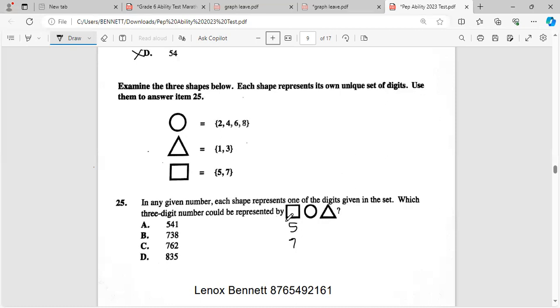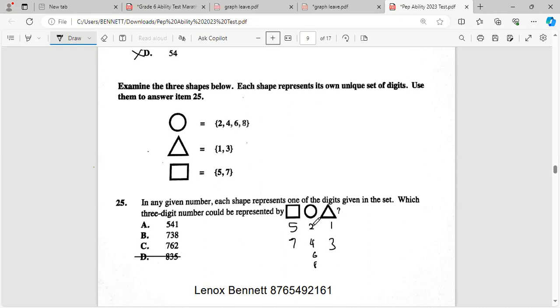So you can look at the options, right? For the circle, we have this. It can be 2, 4, 6, and 8. While this one now can only be 1 or 3. Now, based on the numbers, there is a 5 and 7. So we can eliminate this one because 8 is for the circle.